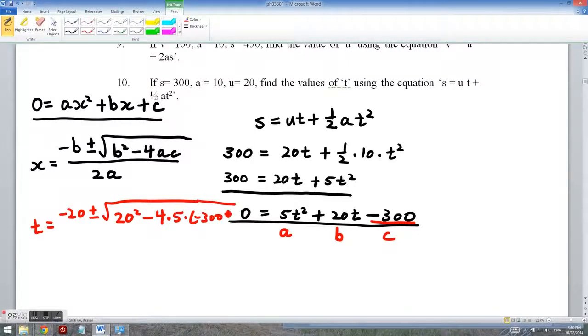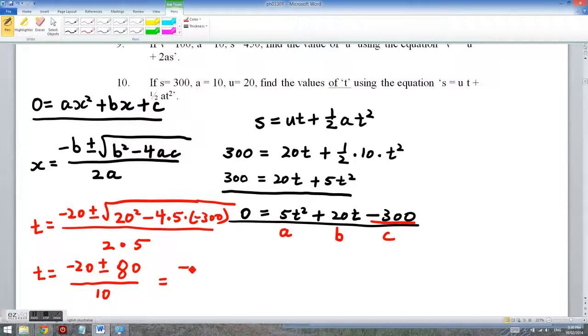Now, use your calculators. To solve it, you should have 80, then divide by 10.